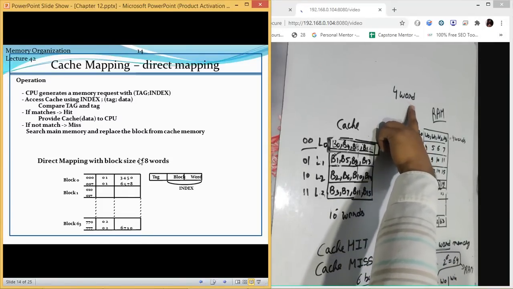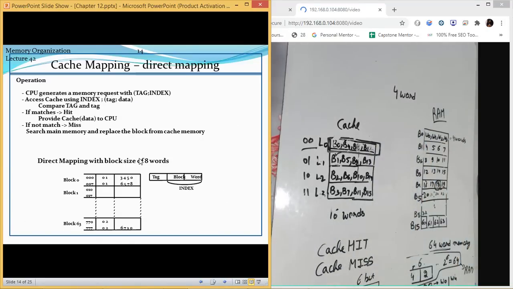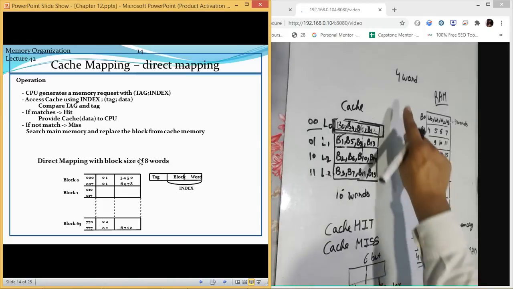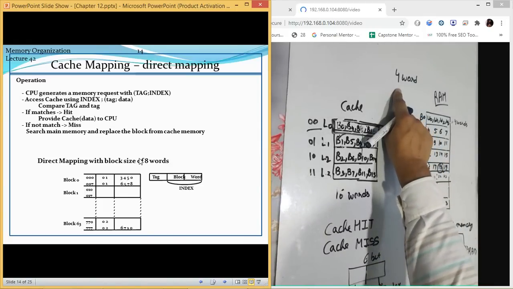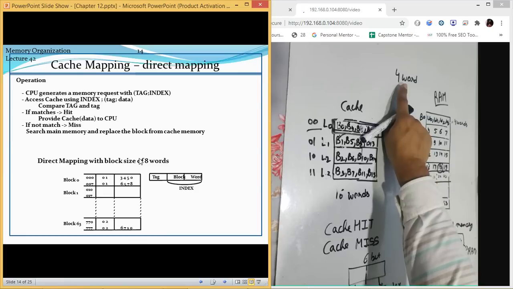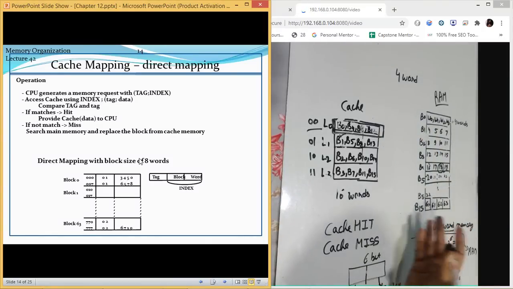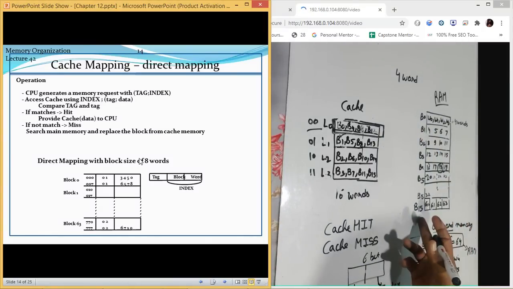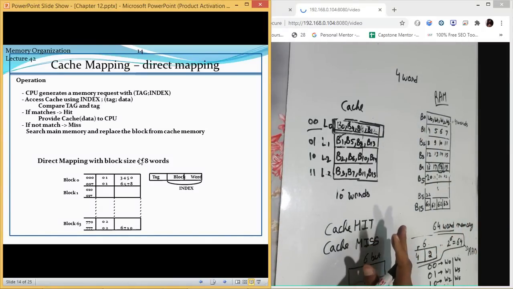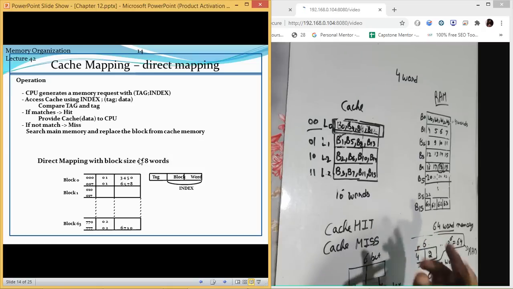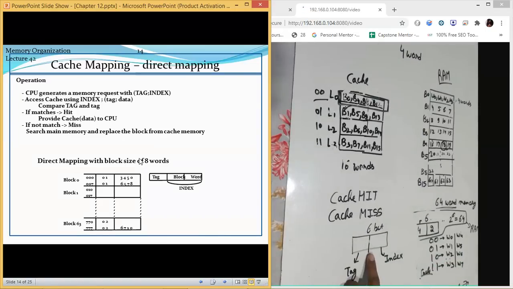If it is an 8-word memory, then what would have happened? If it is an 8-word memory, with 8 words inside one block, we will find out how many blocks we will require. According to that, we will work out what size we need and what will be the total size generated.